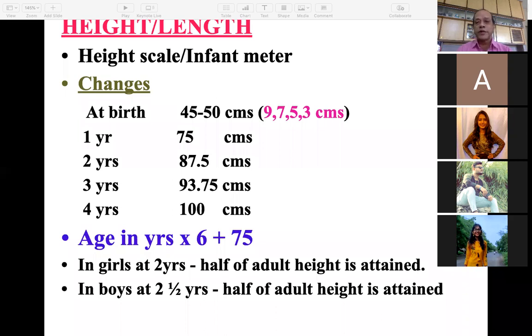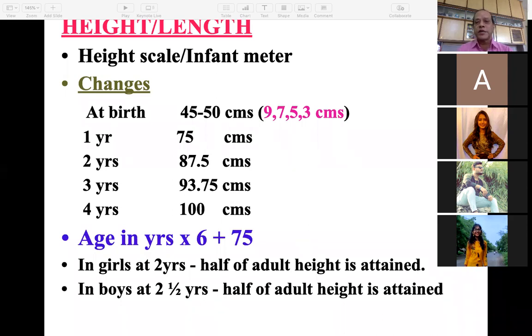If we divide it further, you can see the pink colored numbers, 9, 7, 5, 3, all odd numbers. So first 3 months, 9 centimeters, second 3 months, 7 centimeters, third 3 months of the first year, 5 centimeters, and 3 centimeters in the last 3 months of the first year or the infancy. In weight also, you can have a simple formula.